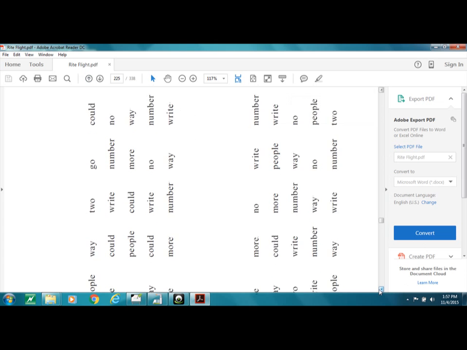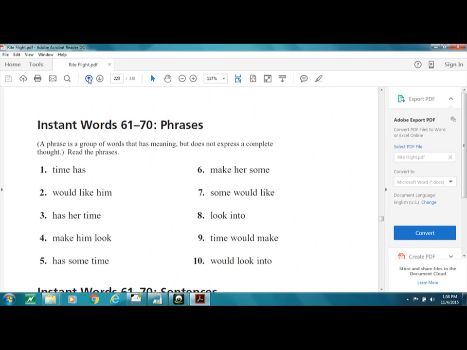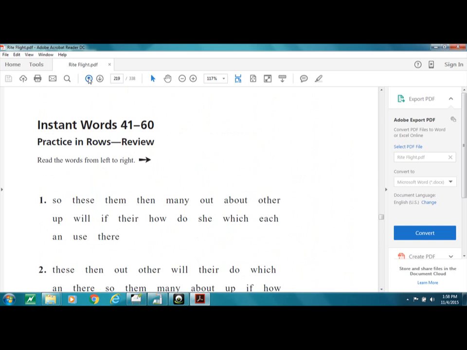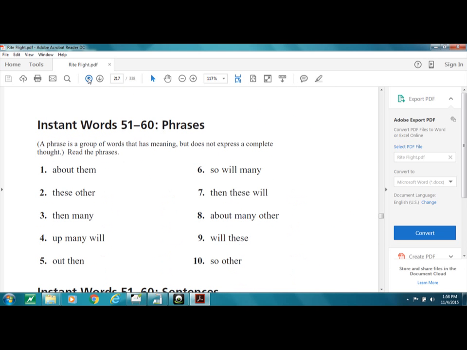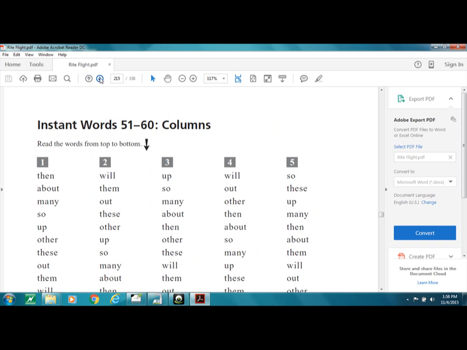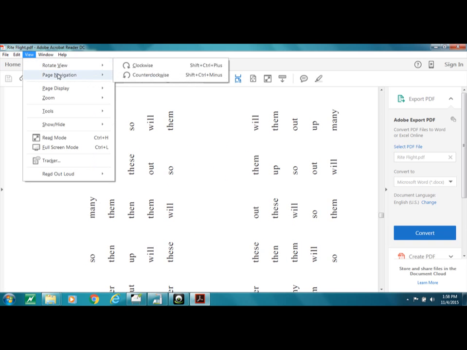I'm sorry. Okay, so we're going to read these words that we've read them already, but let me rotate the page and then we'll be ready to read, okay?